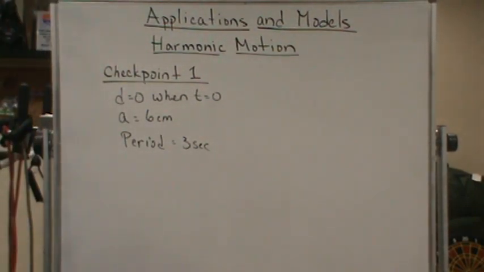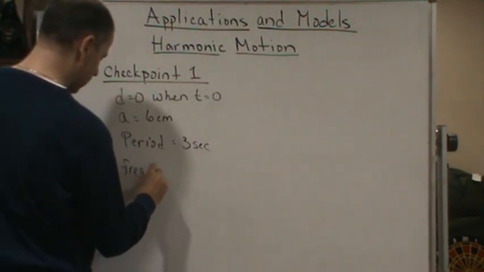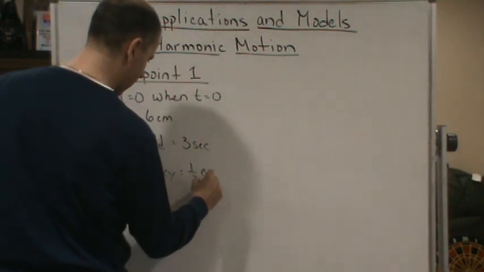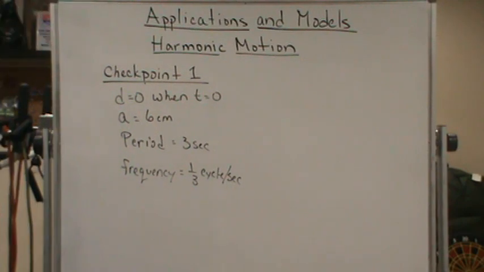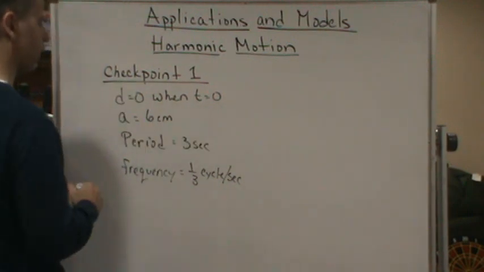And that means the frequency is equal to 1/3 of a cycle per second, right? But they want us to show that, so we're going to use the definition of a frequency to show that. But let's figure out what our function is.